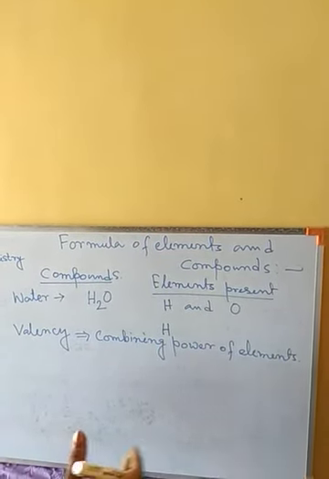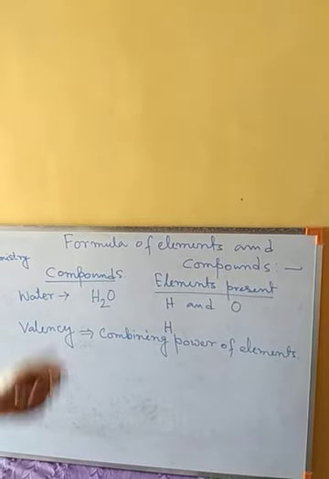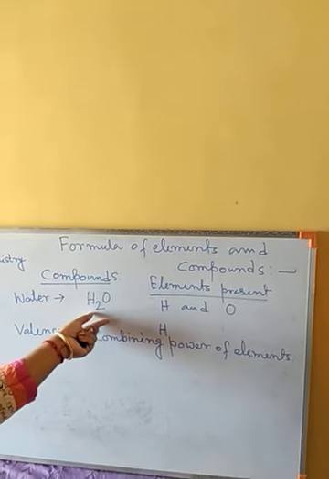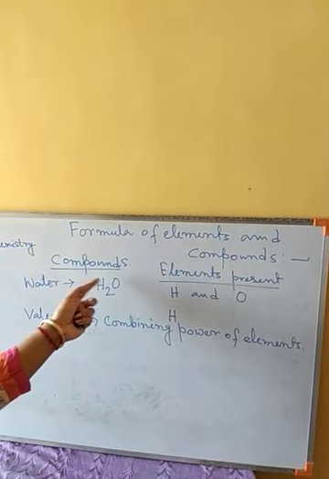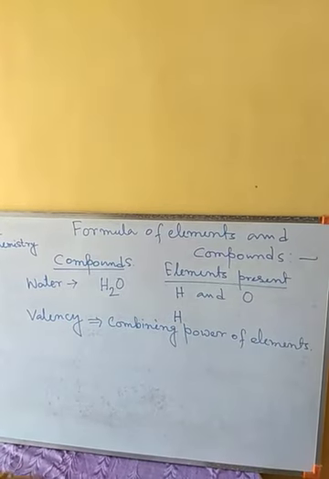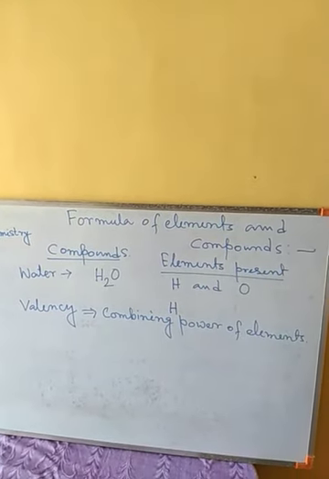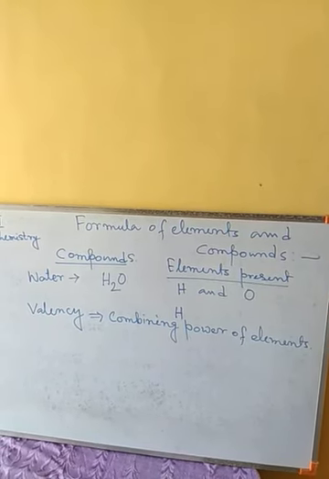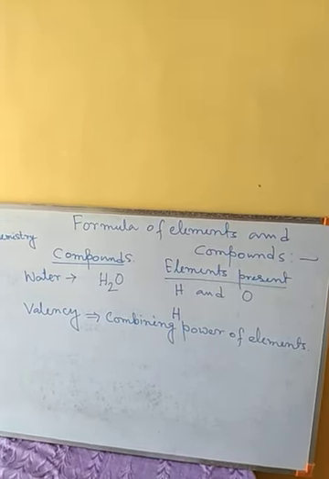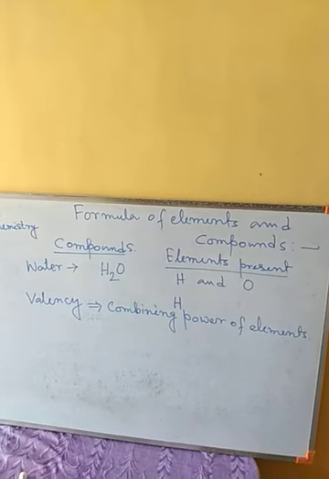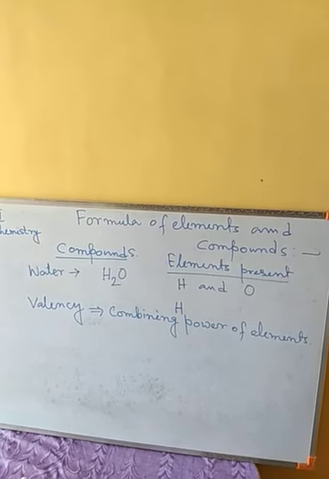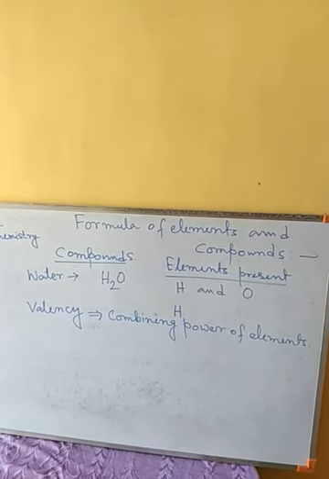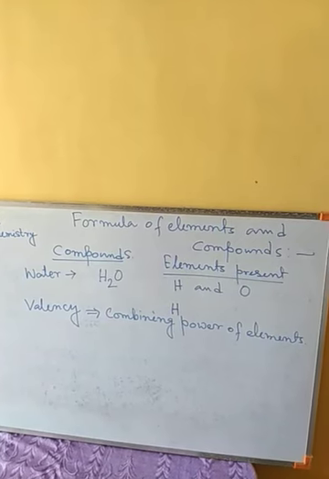Now, from where we are getting these values 2, 3, to understand that we have to go into detail, which is beyond the scope of the syllabus. So for now you just know this much, that valency is the combining power of elements.